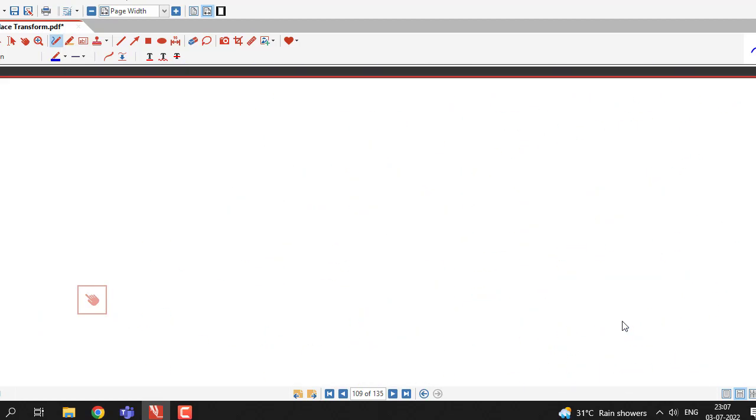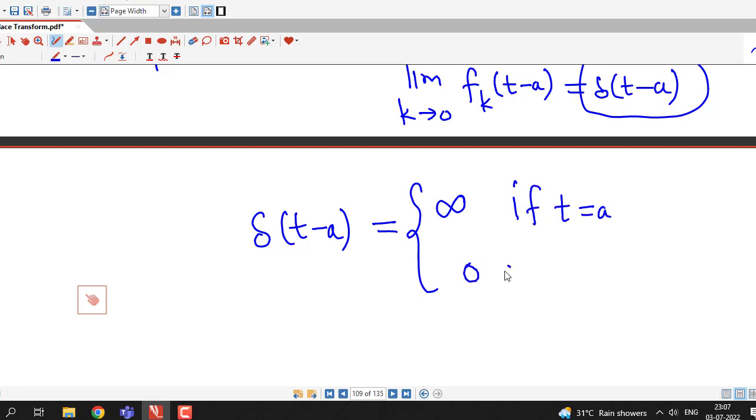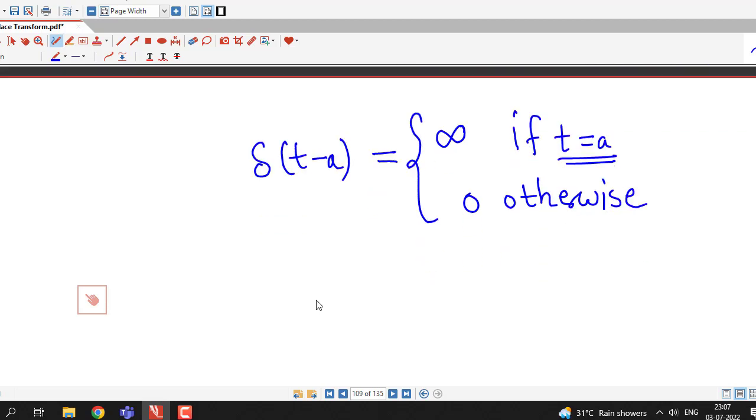So this is a generalized function. We have seen that delta(t minus a) has infinite value if t equal to a and it is 0 otherwise, and we know that the integral of a function which is 0 everywhere except at only one point is always 0, but this delta(t minus a) is not an ordinary function, it is a generalized function, therefore its integral is equal to 1.